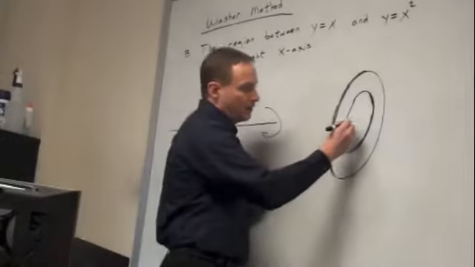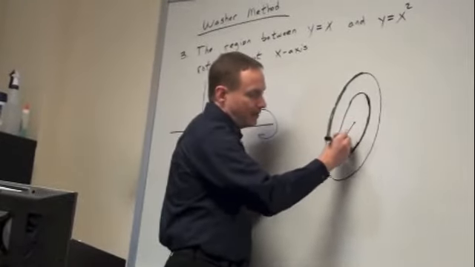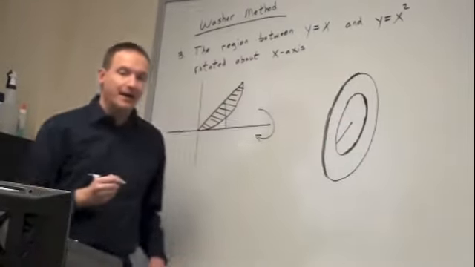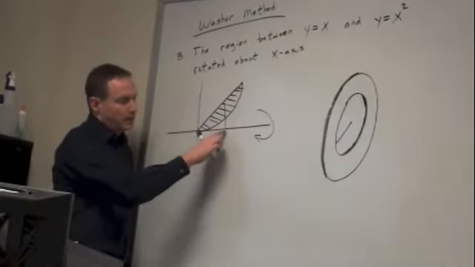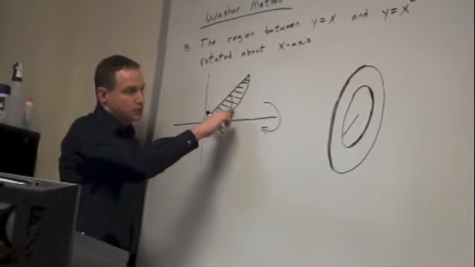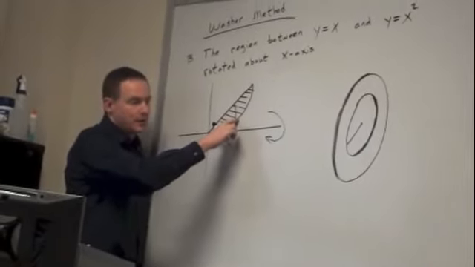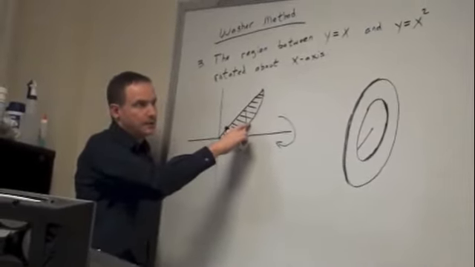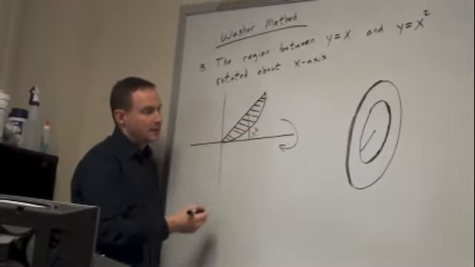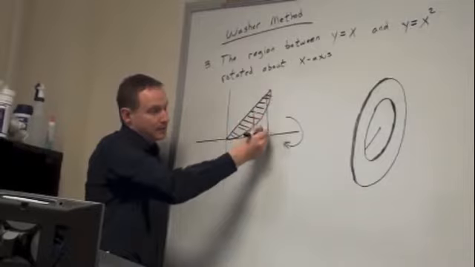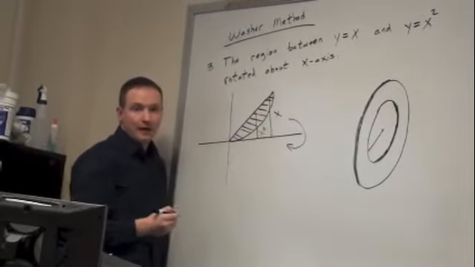So I could say, well, this inside region, I could find the area formula for it, and that's just going to be from the axis of revolution to the inside curve, which is x squared. So this is x squared. The exterior radius here is just x.